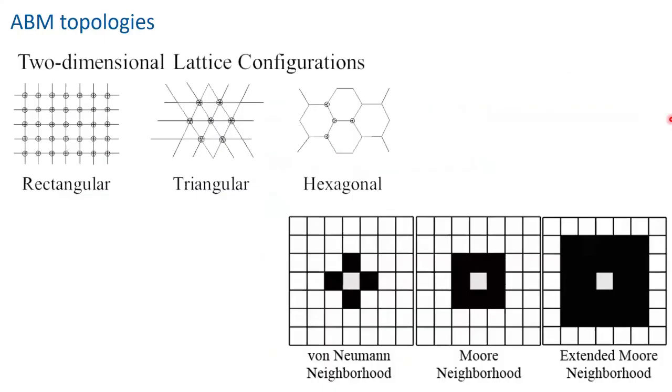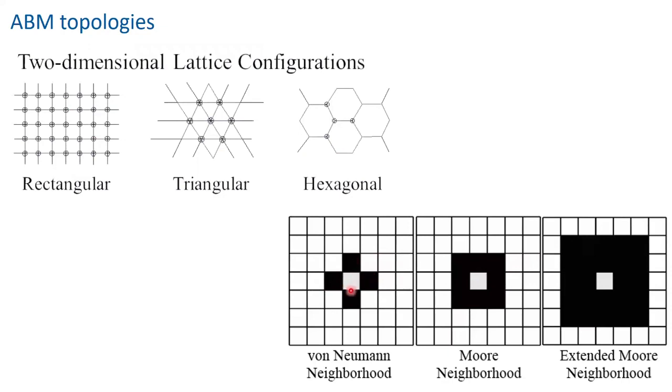The neighborhoods, or the dimensions of the ABM, can be rectangular, and this is the most common we use. You can define the neighborhoods, like the von Neumann neighborhood, in which the north, south, west, and east cells are the immediate neighbors.